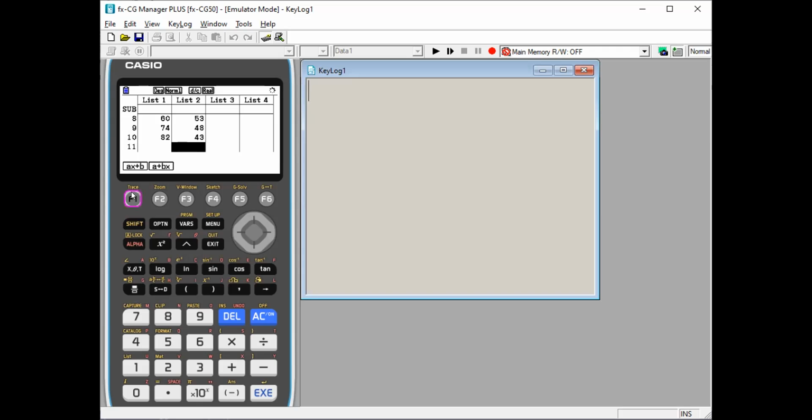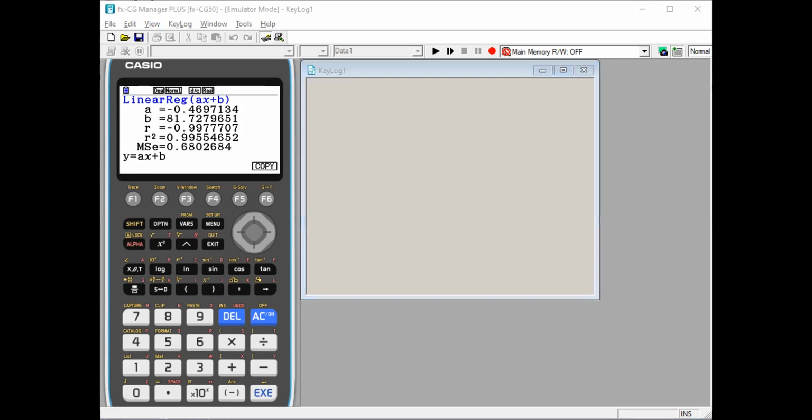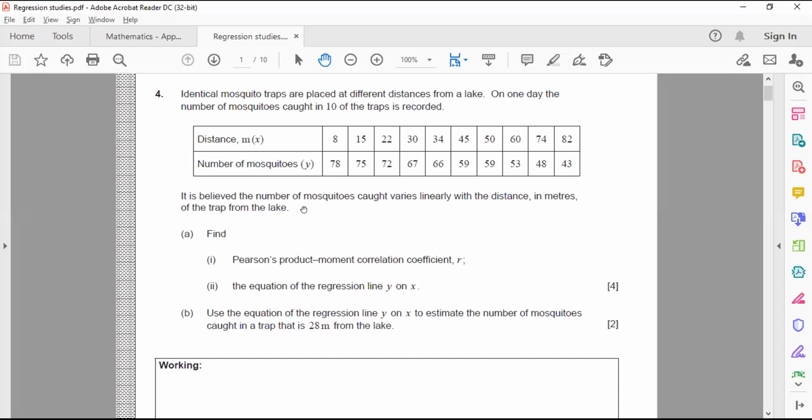So I'll press F1. Now I got this. You got this on your screen? Yes, sir. So R is what? R is nothing but your correlation coefficient. So when I go to the question, where is the question? So R is what?